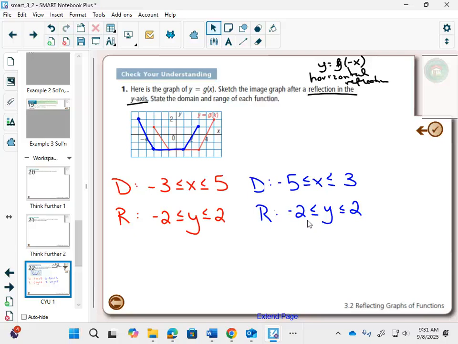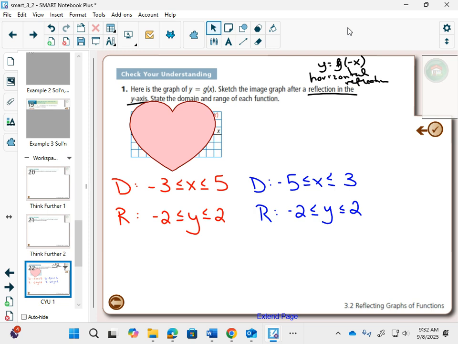If I took away the graph, there we go. You can't see the graph anymore. But they told you the red domain. They said the original function had -3 to 5 and -2 to 2 for domain and range. And then they told you there was a reflection in the y-axis. What are the new domain and range? Could you come up with this without the graph?